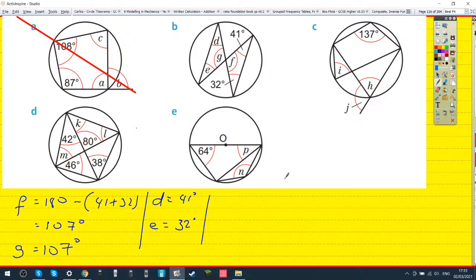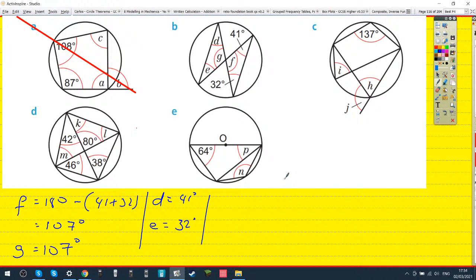Question C. 137 degrees. Opposites. So H. So 137 degrees.